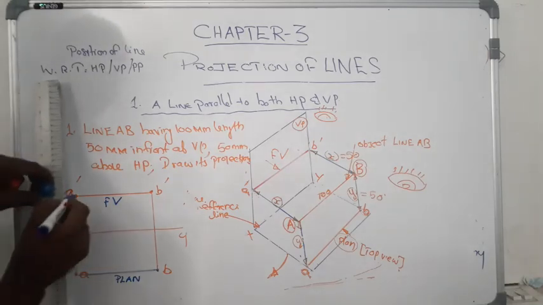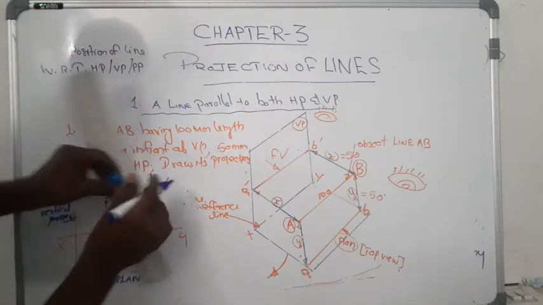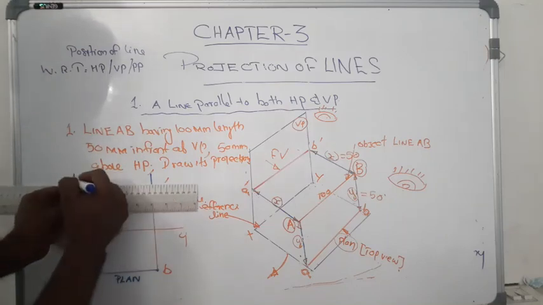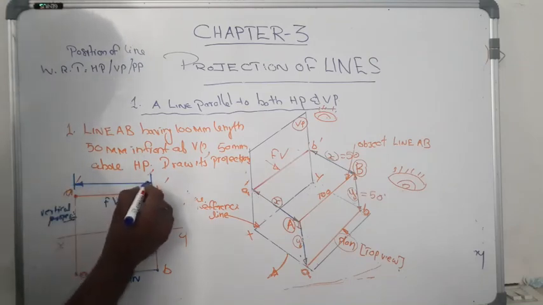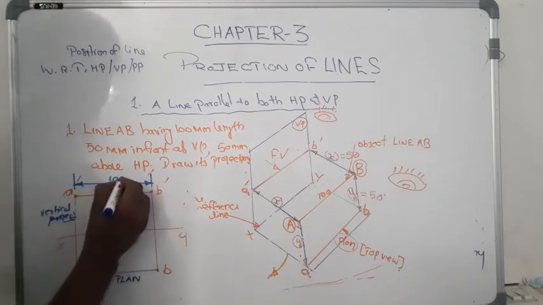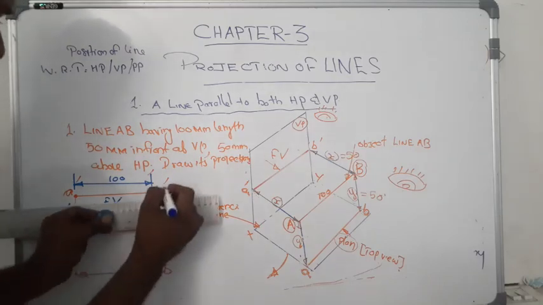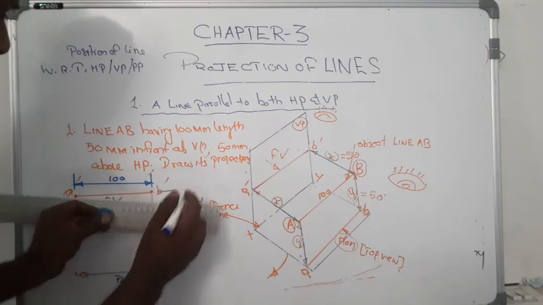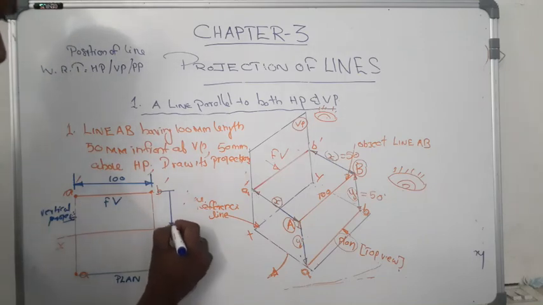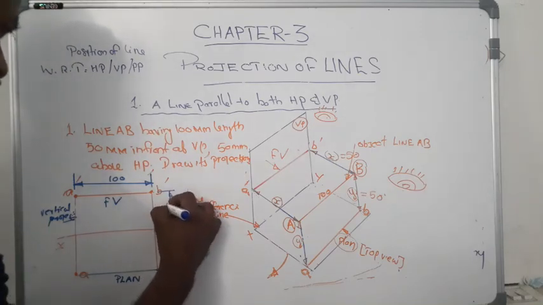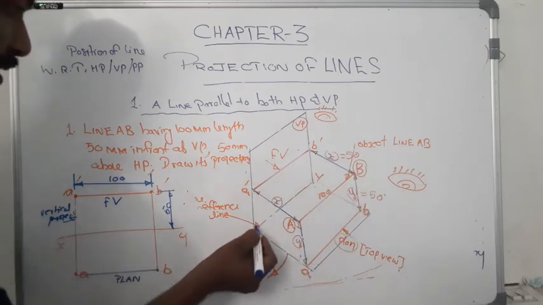Now we have to fix its dimensions. The length of line AB is 100 mm. That is marked here using extension line and dimension line. The height is also marked here. This is 50 mm, because the Y distance is given, that is 50 mm above the reference line, the XY line.